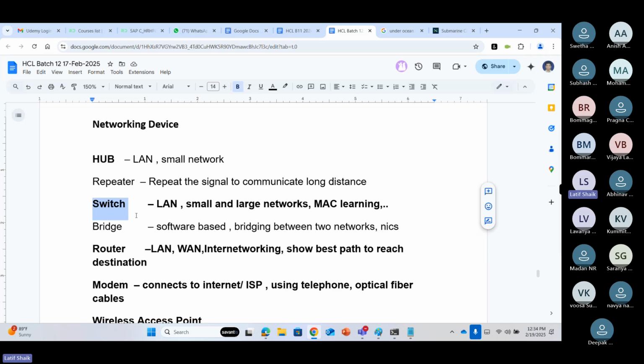But if I have 10, 20, or 50 systems, I compulsorily need a switch. A hub doesn't know anything about MAC addresses or IP addresses, but a switch understands MAC addresses.